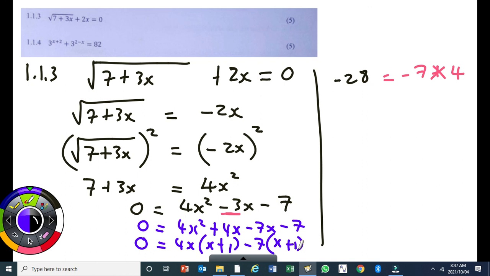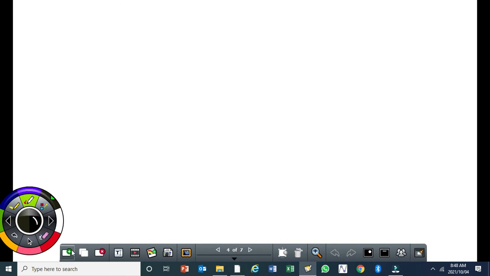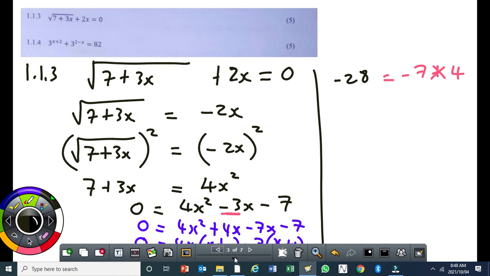Eventually, it means my two factors are x plus 1 and 4x minus 7.